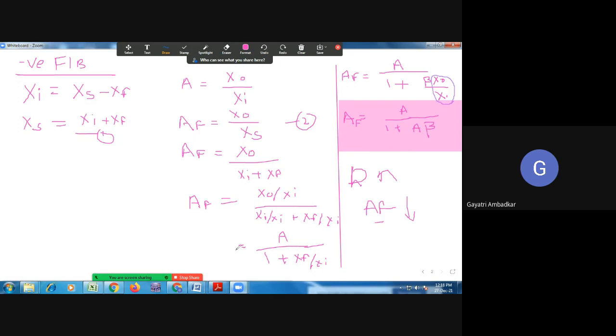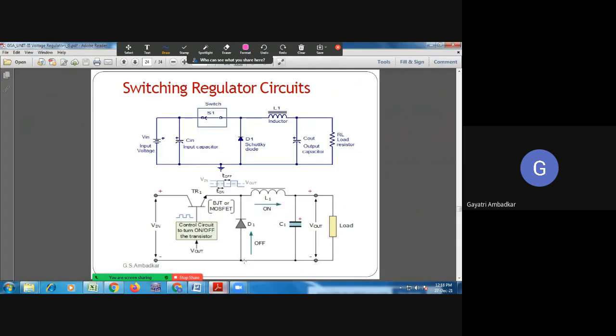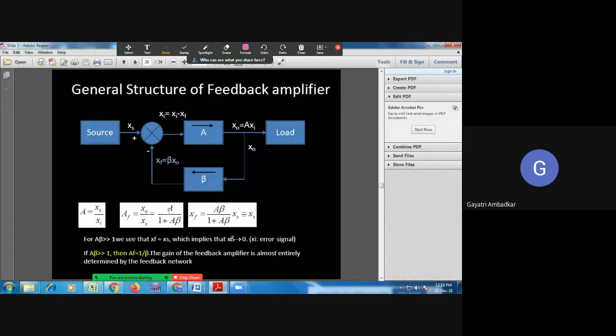The steps before this, somebody asked me a doubt. Yes, ma'am. Okay, the same steps are here, only there is one difference. Here your xi becomes, in the positive feedback amplifier, xs plus xf. Here it becomes minus. Okay, so in case of negative feedback you get the gain equal to A upon 1 plus A beta, which is very small because the denominator is a little bit higher.